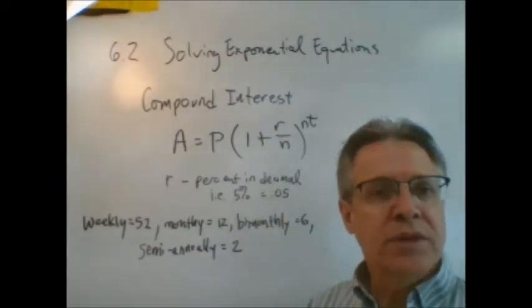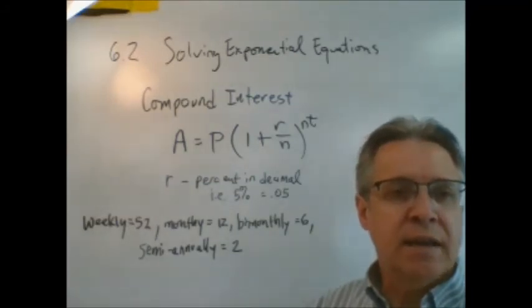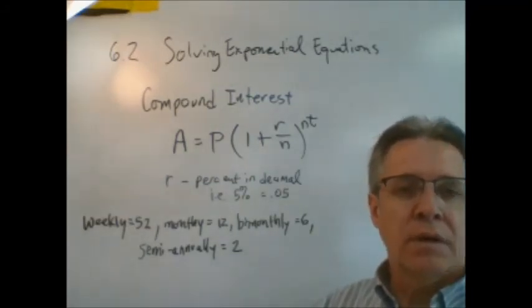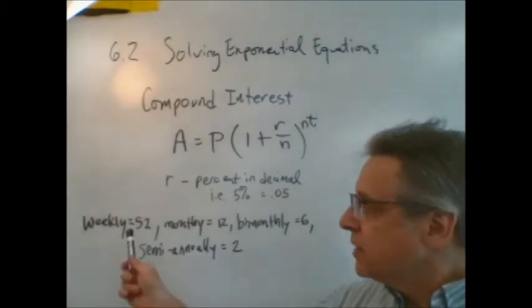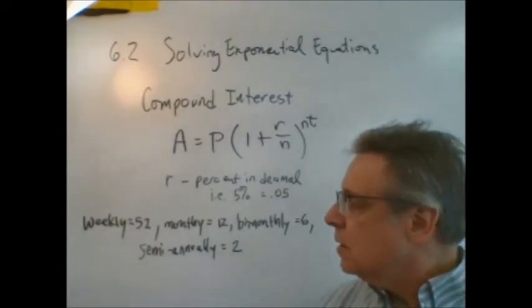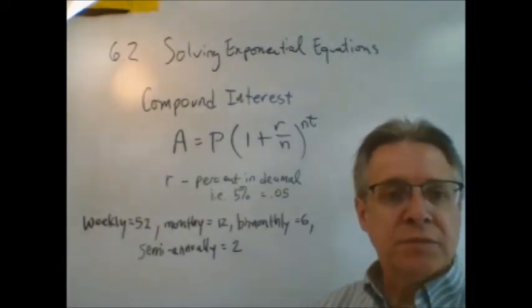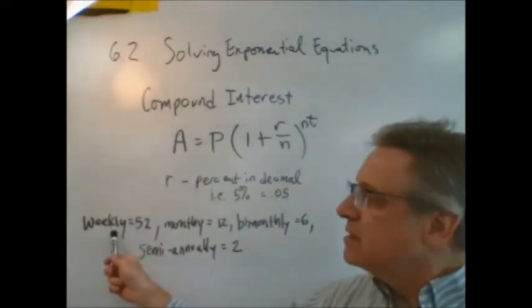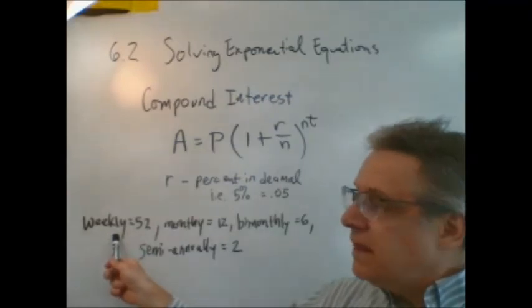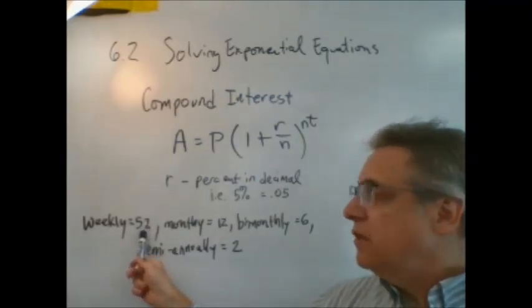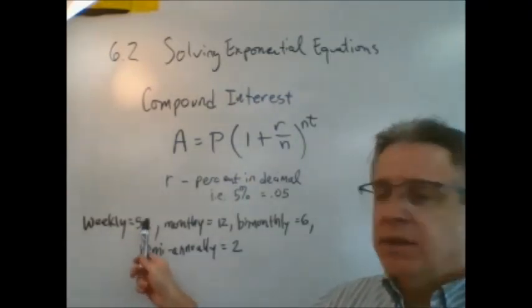The other problem with using this equation is that the vocab is sometimes confusing. So I summarized what you'll likely see on these sorts of problems. If they say that the money is compounded weekly, then N would be 52, because there are 52 weeks in a year.